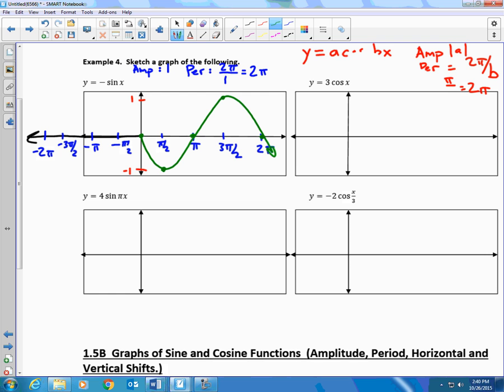Okay, if I go back here, will I be going up or down? Up, because that's just the direction that the graph is going, isn't it? And then after that, I'll go down, then back to the middle.